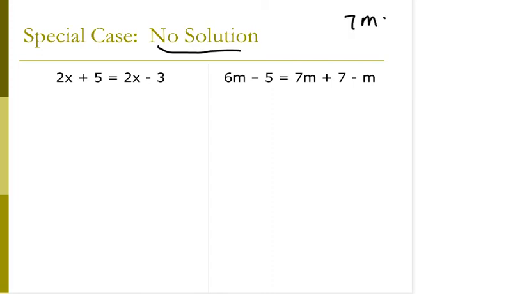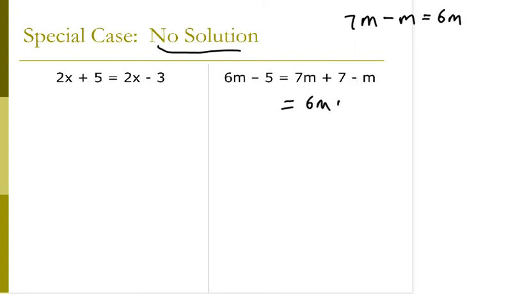So 7m's, and if I remove one of them, it gives me 6m. So on this side, when you combine the 7m with the subtract m, it gives you 6m, and you still have that plus 7 up at the top.